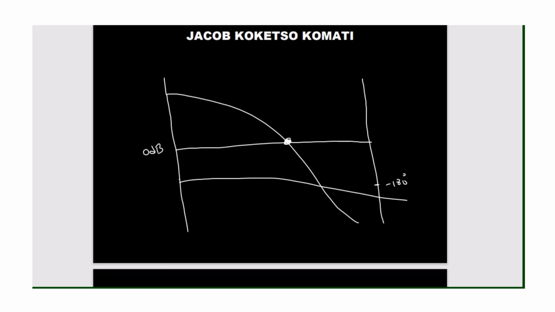So 0 decibels here, this is where I'm going to get my gain crossover frequency. Then minus 180 somewhere here, let's say it's here. This is where I'm going to get my phase crossover frequency.